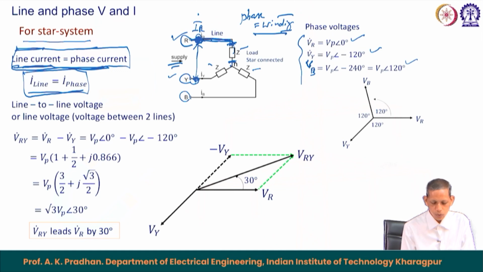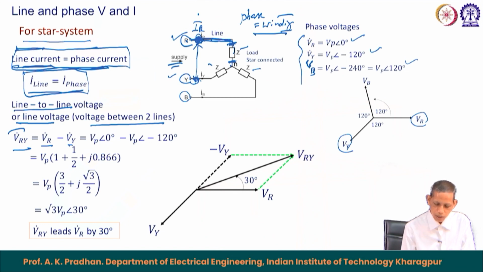So, therefore, let us see the relation between the line voltage and the phase voltage. The line to line voltage, the voltage between two lines, V R Y, between the R and Y phases, equals V R minus V Y in phasors. As already mentioned, this is V R, the reference phasor, and this is V Y phasor.